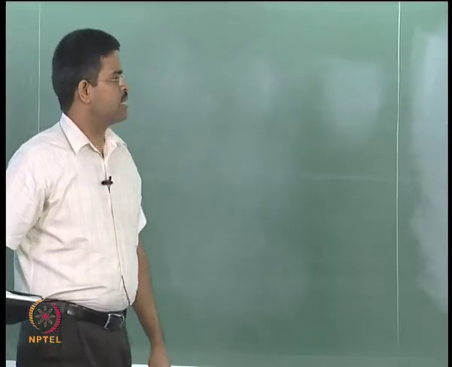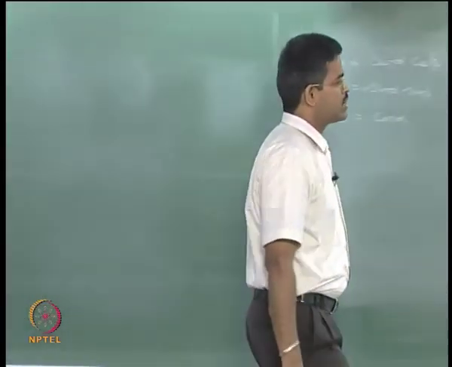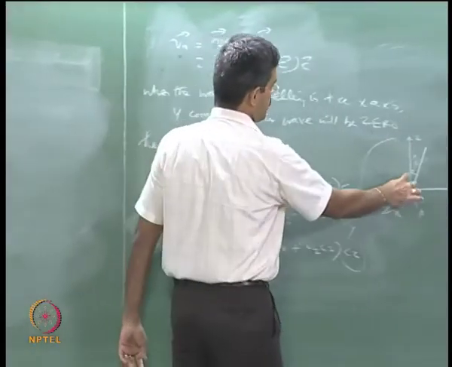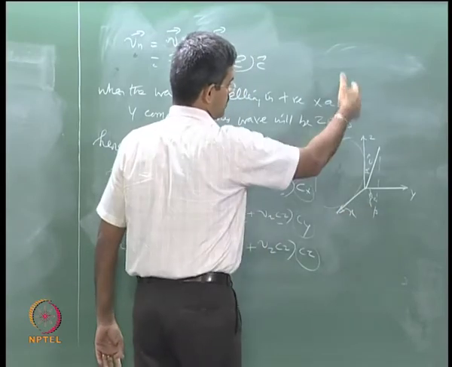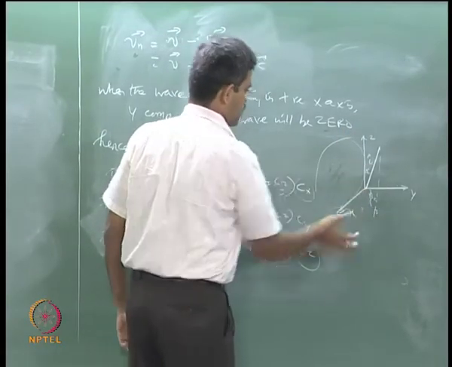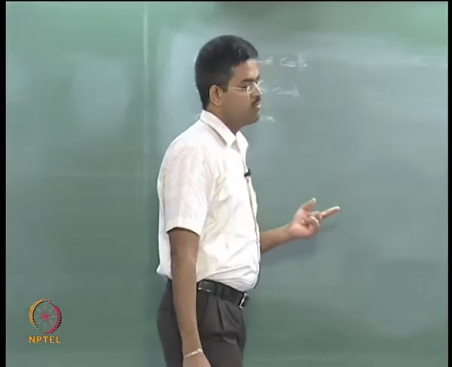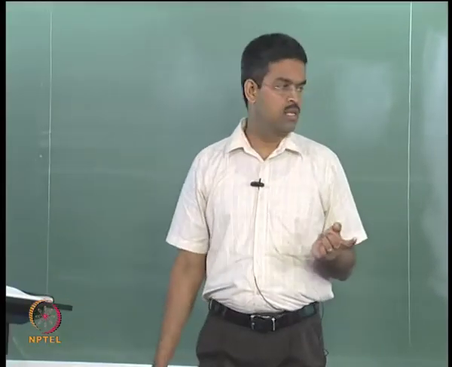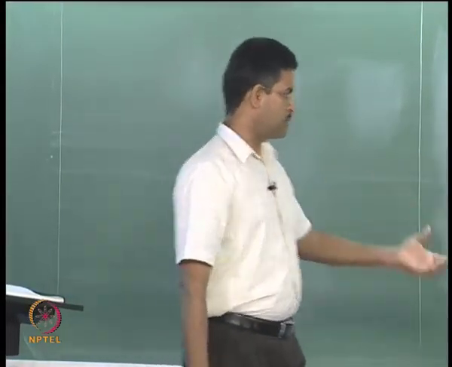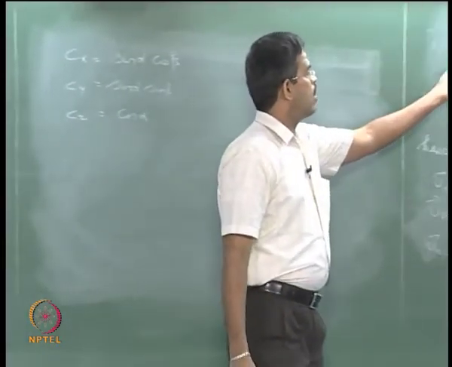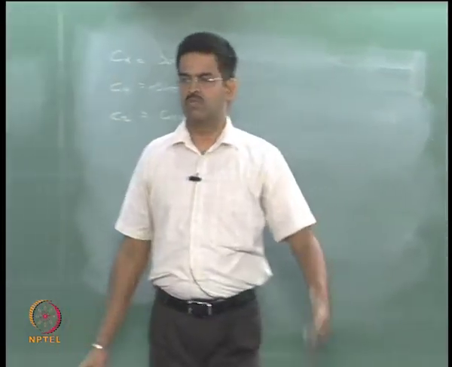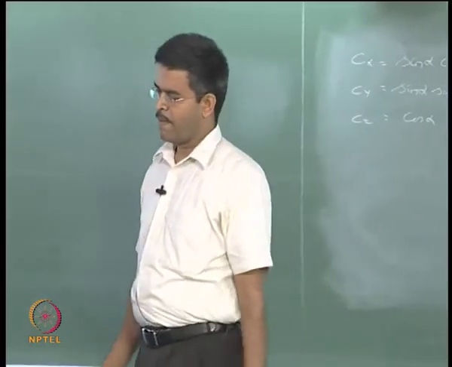So, it is very interesting: for any member which is arbitrarily oriented, whose angle of inclination with respect to the z axis as well as the projection on the xy plane is known to me, I can easily find the force vectors for this member using the same algorithm. I will now substitute these values in my Morison equation and get the force on this member for unit length of the member.